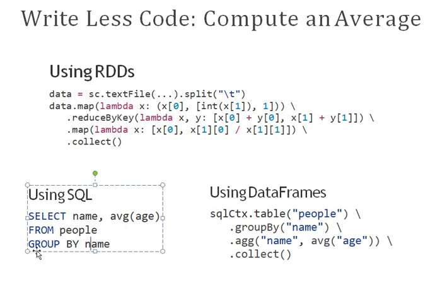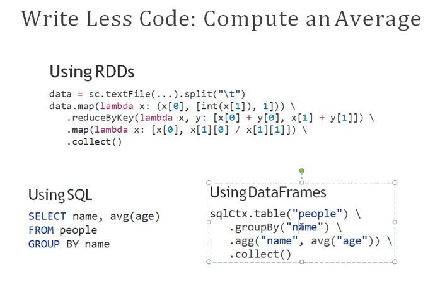Group by means if several names occur, we group them together, and the name is the variable, and the group by name, so they are not going to group by average age, etc. Using a data frame, we specify the table name, we group by the variable name, and we do the average or aggregation on two variables. One is name and one is a processed average of another variable, and we do collect.